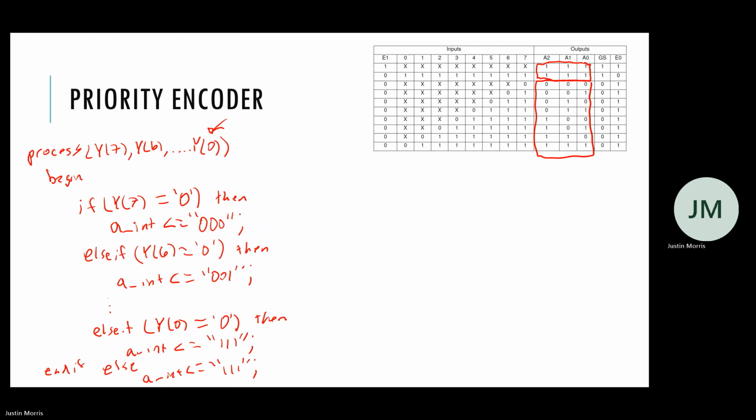So that's one process block, and it gives us this part. So in order to then output to the rest of this, we need both parts. We need a multiplexer to choose between this A internal or all ones.